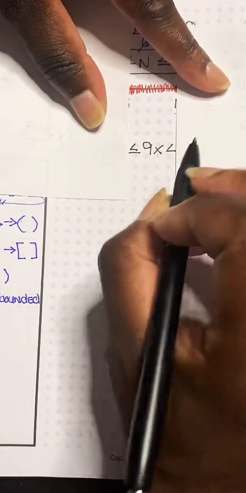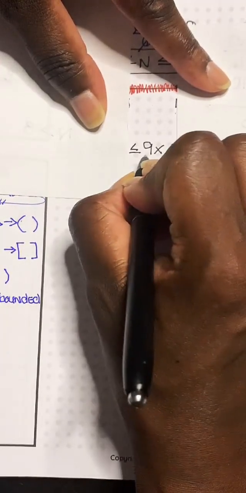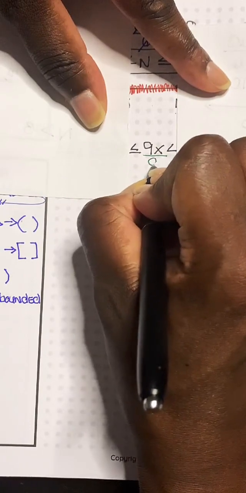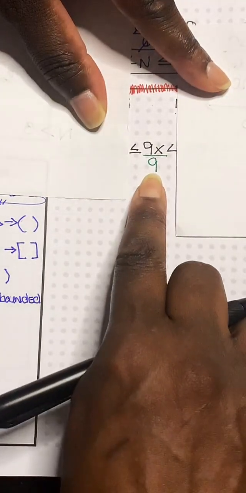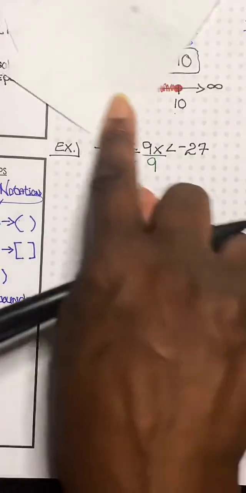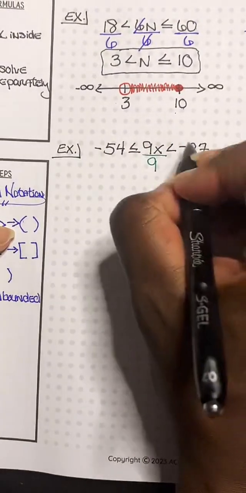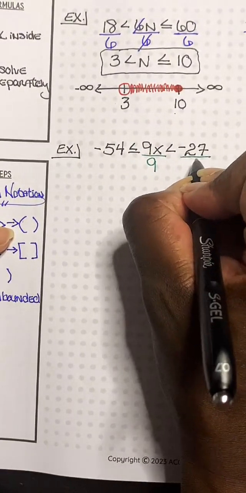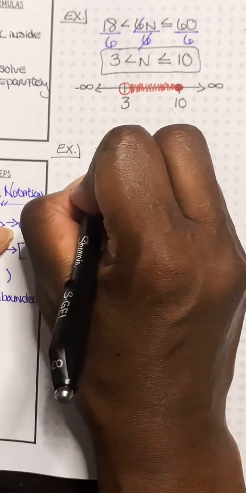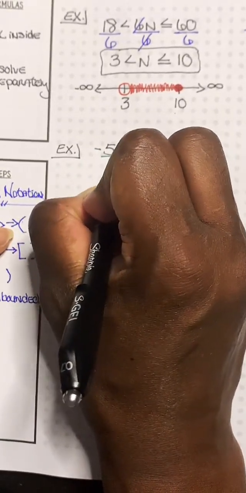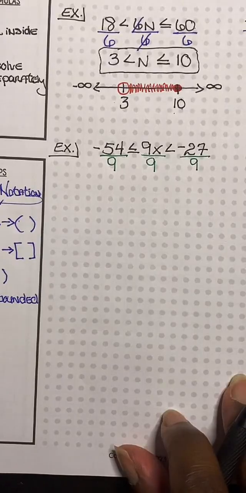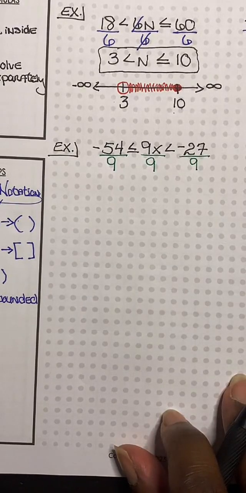Because it's 9x, that means 9 times x. So we're going to divide by 9. Whatever you do in the middle, you need to do on the ends. So here, we're going to divide by 9, and we're going to divide by 9 there. Okay, good.